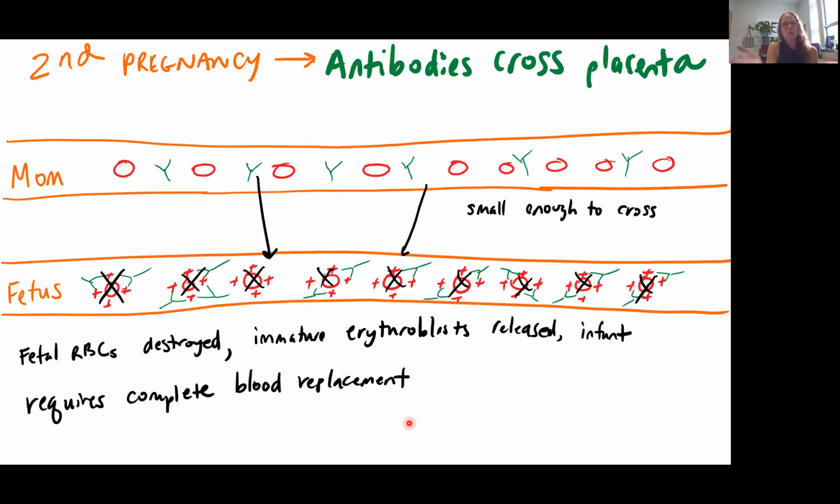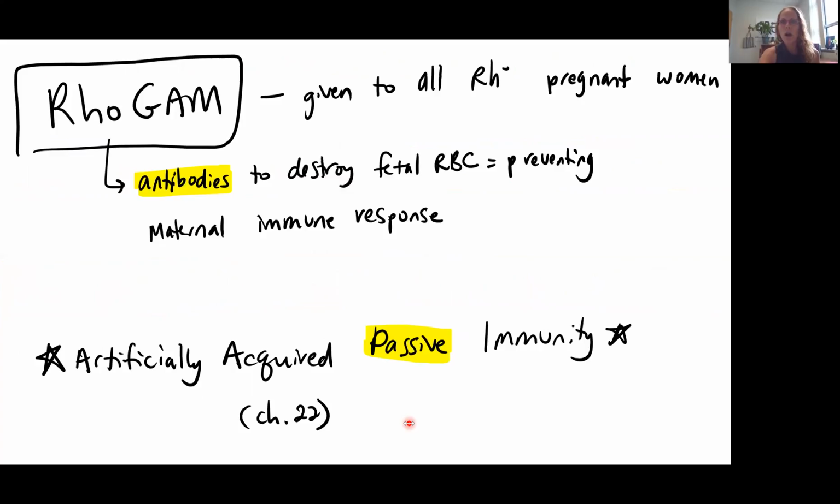Okay, so what do we do about this? What happens if you're an Rh negative mom and you're potentially carrying an Rh positive fetus? In the United States, all Rh negative pregnant women are given a shot of RhoGAM. RhoGAM contains antibodies to destroy fetal red blood cells.